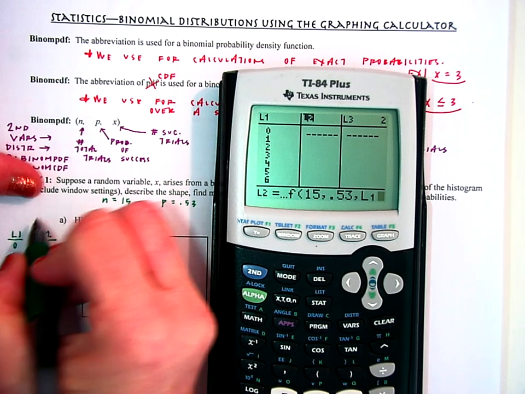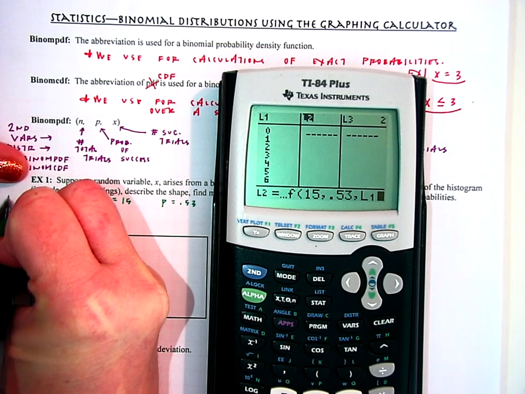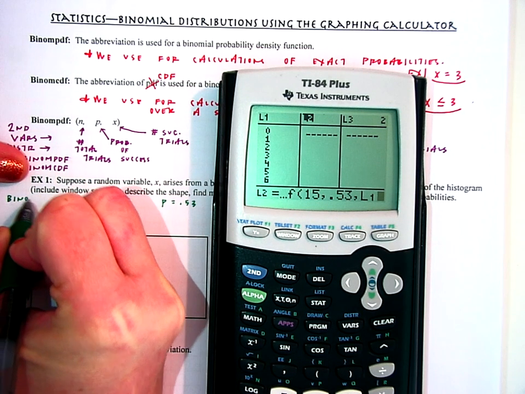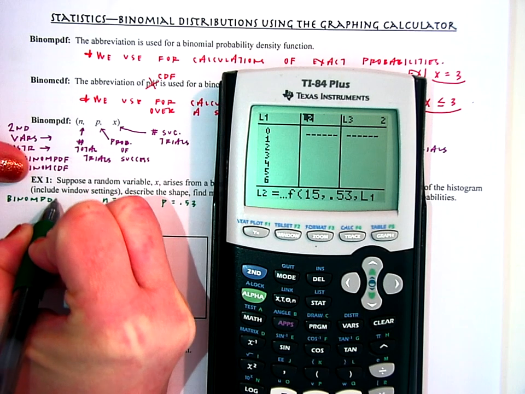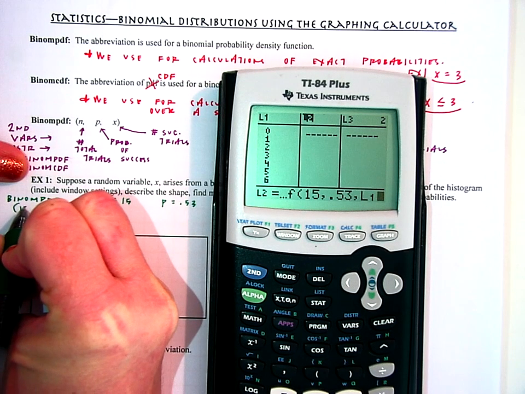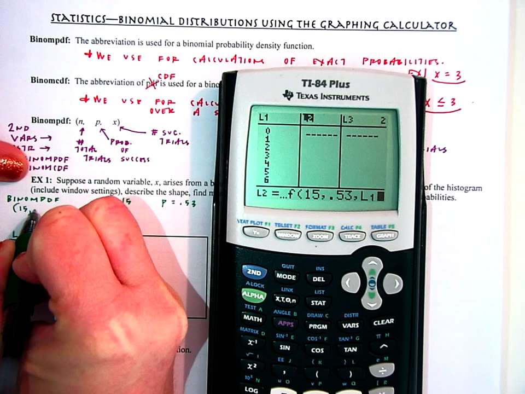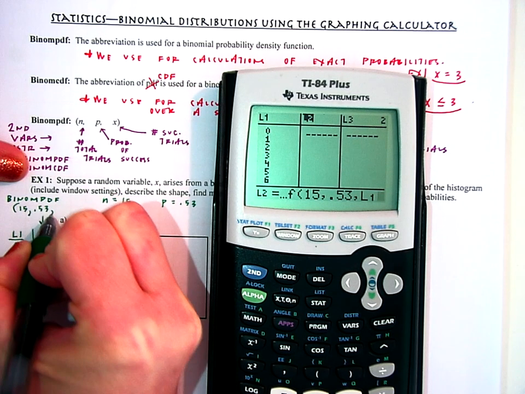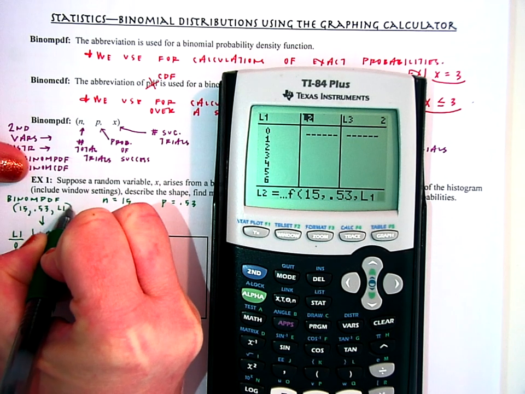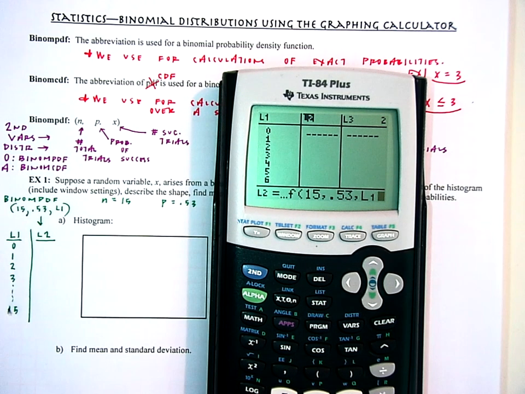So right over here, just to make sure we see it, I wrote Binomial PDF, the N value is 15, the P value is 0.53, and the X value, I'm looking at the L1. So when I hit enter, it's going to show me all of those different probabilities.